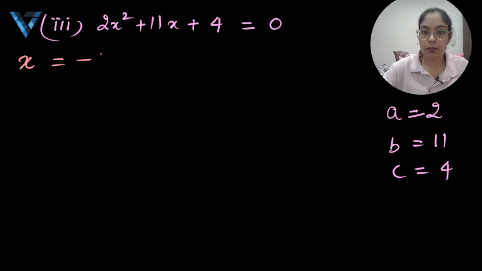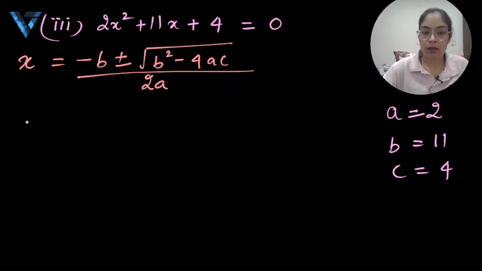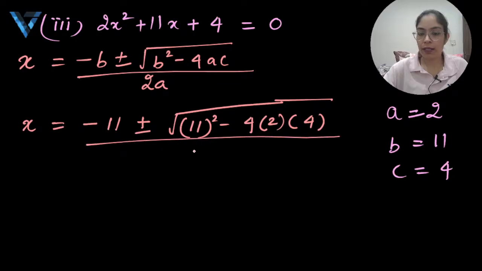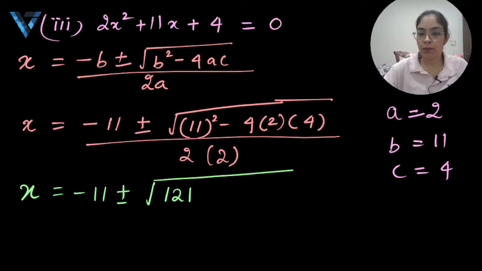So x is equal to minus b plus minus under the root b square minus 4ac by 2a. So b is 11, so 11 square minus 4 into a is 2, c is 4, by 2 into 2. Then x is equal to minus 11 plus minus square root of 11 square is 121 minus 4 into 2 into 4.